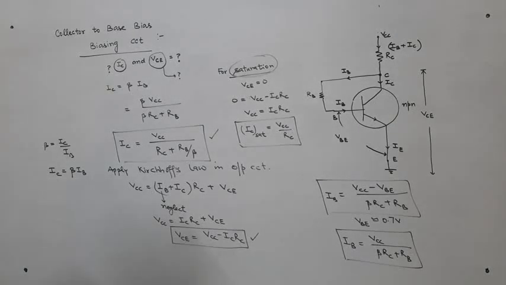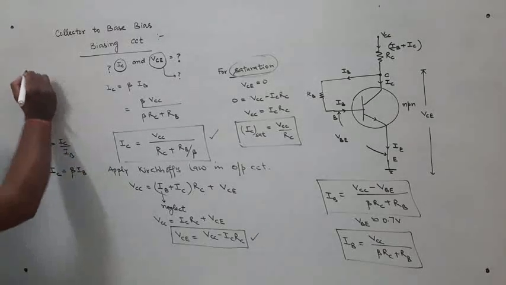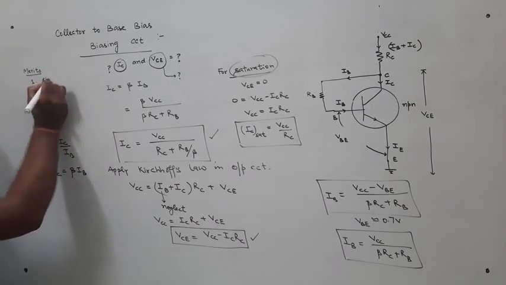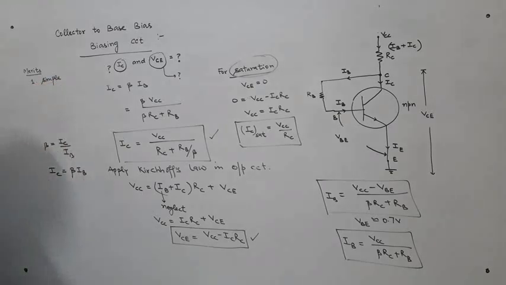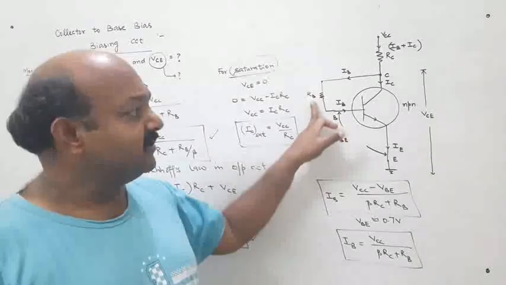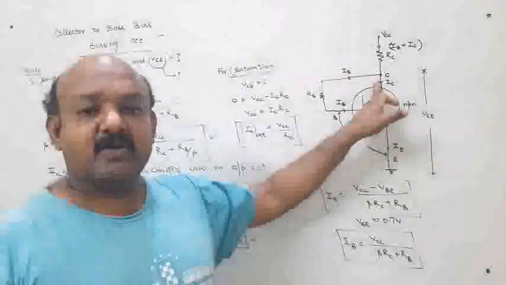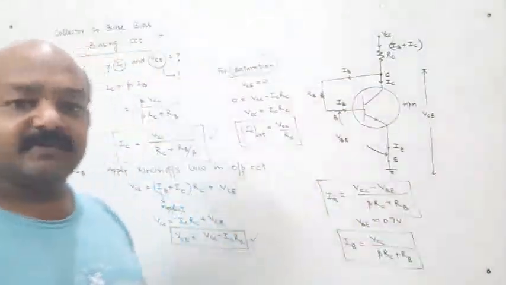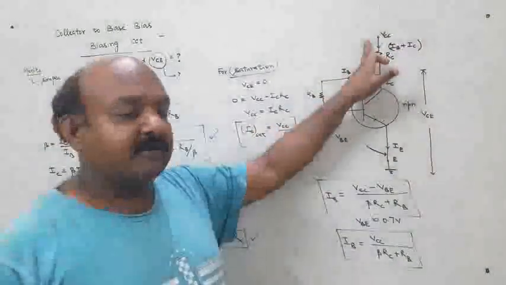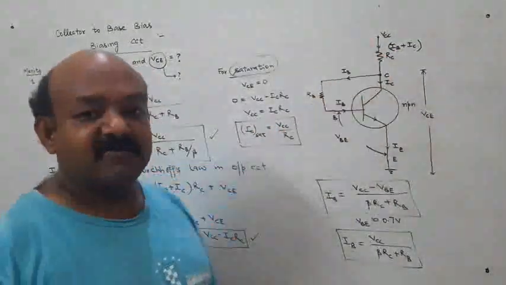So now we come to the merits of the circuit. It is a very simple circuit. We calculate the RB and connect it here. The other end connects to the collector and we get the circuit. A very simple circuit using one single battery, the battery VCC.